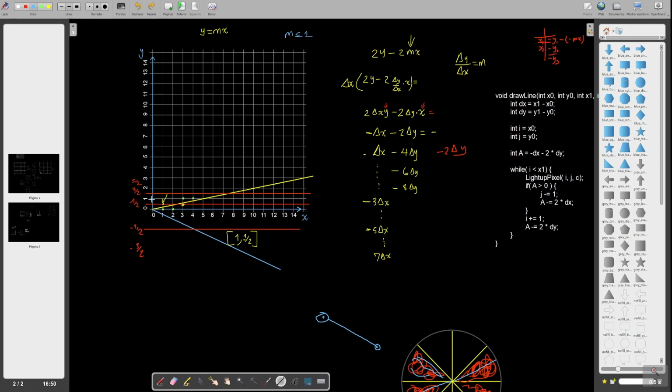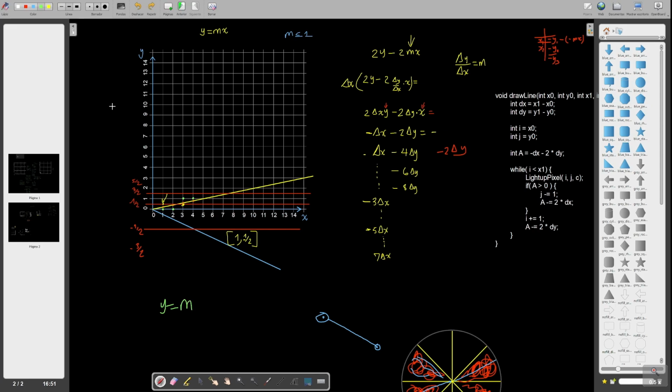Because think about it, for this specific case, when the slope is bigger than 1, I will always advance on y by 1 unit before getting to advance in x by 1 unit, for all of the possible slopes above 1. So that means my base equation would kind of change.